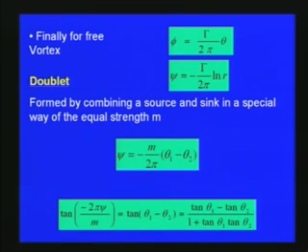Again we can define tan of minus 2 pi psi by m, which is equal to tan of theta 1 minus theta 2. That is equal to tan theta 1 minus tan theta 2 divided by 1 plus tan theta 1 tan theta 2.